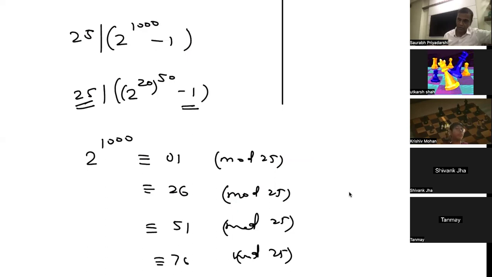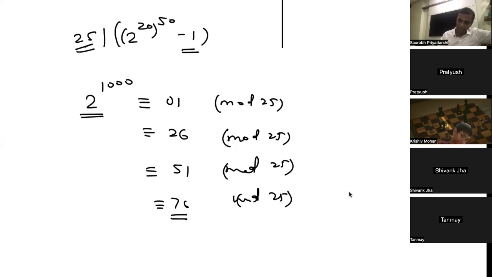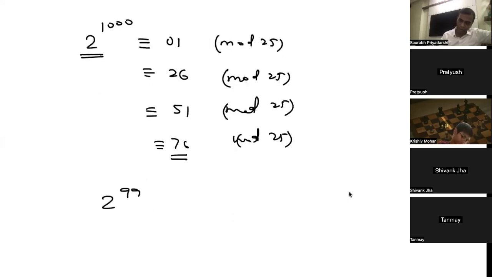Okay, everyone. But we know that this number 2 to the power 1000 is divisible by 4. So the only possibility with 4 is 76. Now what do I need? We required 2 to the power 999, but we have found it for 2 to the power 1000.